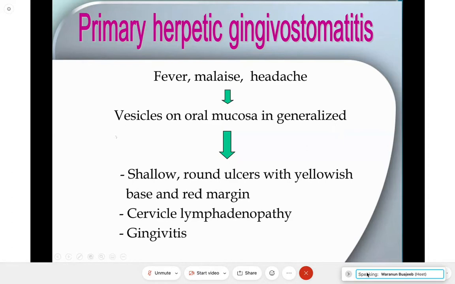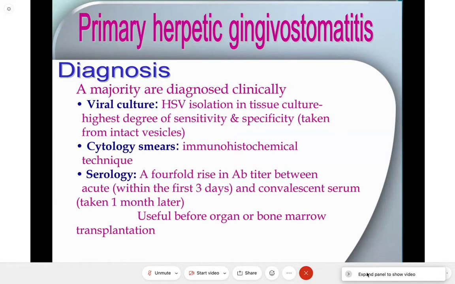Then breaking down into small, round, shallow ulcers with yellowish base and red margin develop, with cervical lymphadenopathy and gingivitis. Normally, with the history and clinical presentation, we can make the diagnosis.